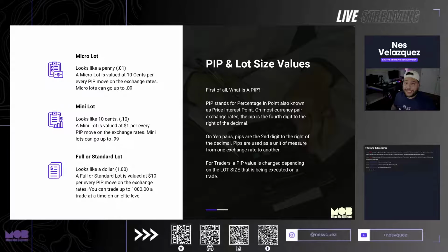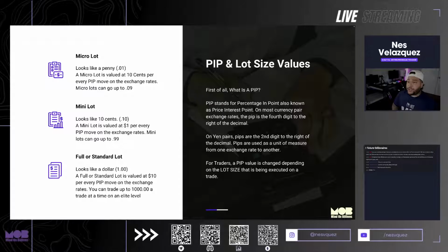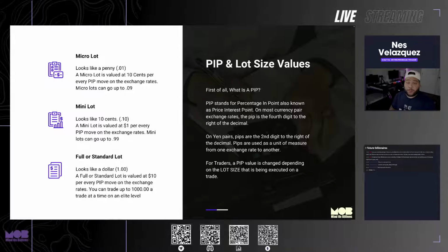And essentially what this means is the value for every pip is only 10 cents. If I go and order with a mini lot, the value for every pip at that point is $1. And a full or a standard lot, it looks like $1 in your order screen. Every standard lot is valued at $10 per pip.